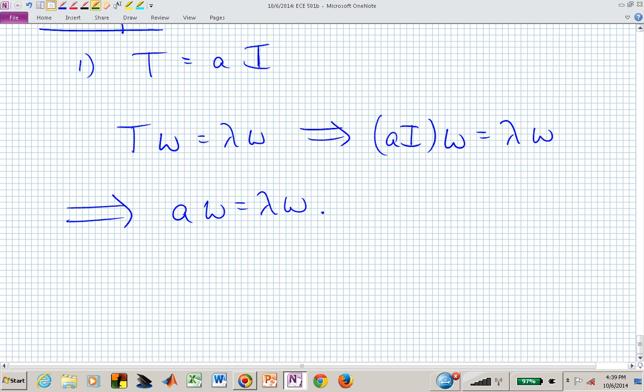A. Our linear map was A times the identity matrix. Those are actually eigenvalues if they're on the diagonal of the matrix, so we sort of knew that already.